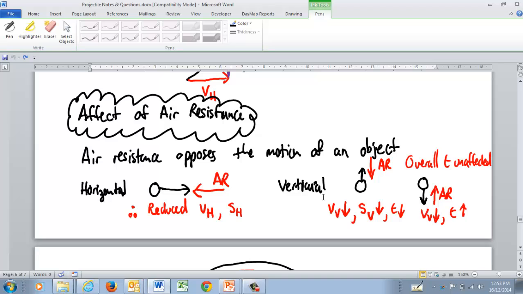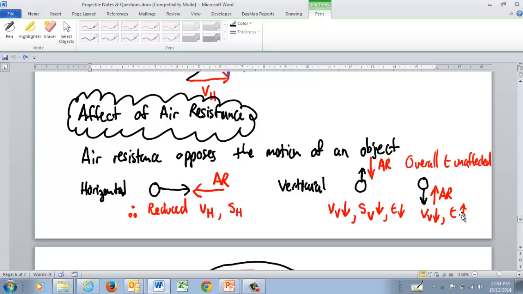Obviously, when we start talking about vertical velocity, we need to consider that it's going to oppose the motion on the way up, but it's also going to oppose the motion on the way down. So that will in fact decrease the vertical velocity on the way up, meaning it won't go quite as high, and therefore the time on the way up won't be quite as long. But on the way down, it will also decrease the velocity, which will actually increase the time of flight on the way down.